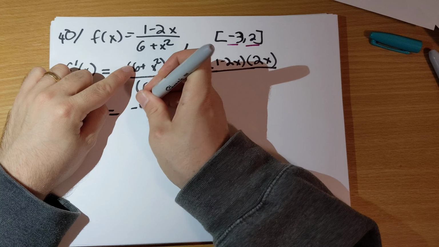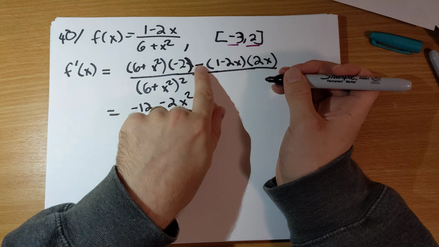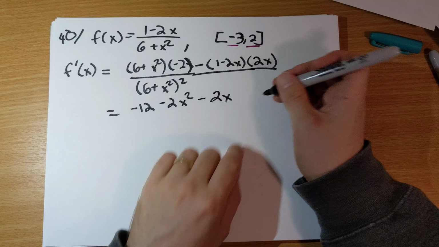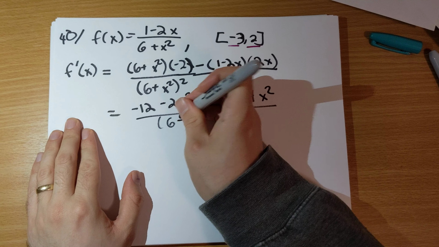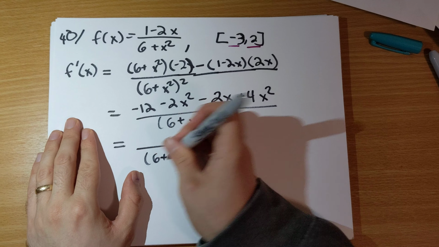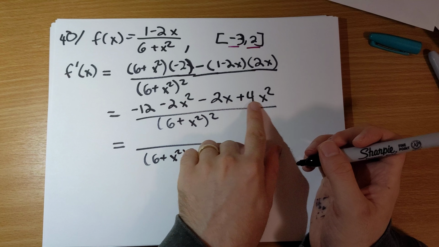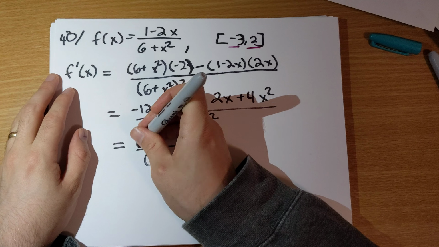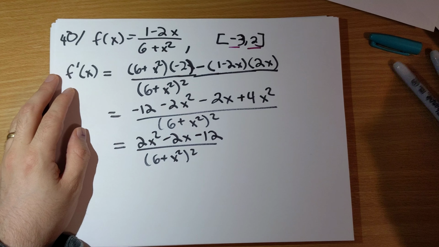We end up with -12 minus 2x squared minus 2x, minus times minus is plus 4x squared. And let's just do a little bit more simplification here. 4x squared minus 2x squared is 2x squared minus 2x minus 12.